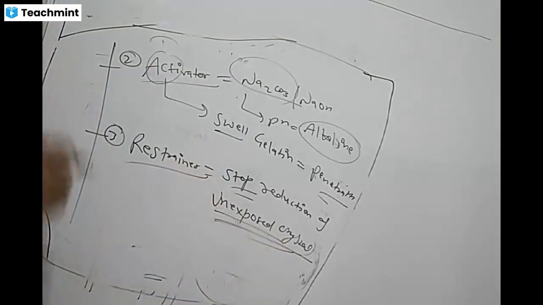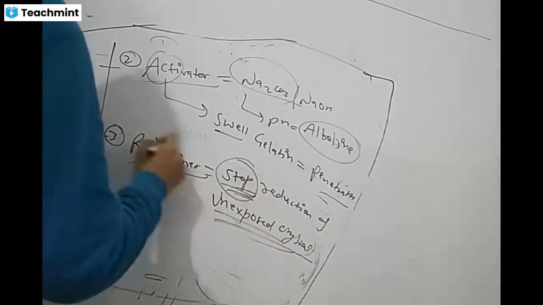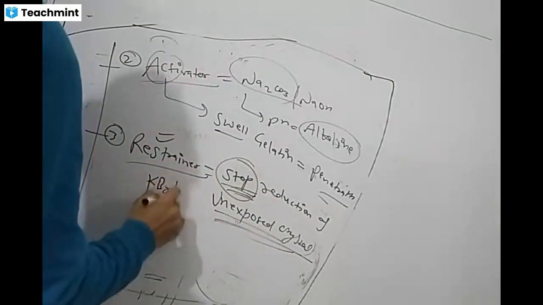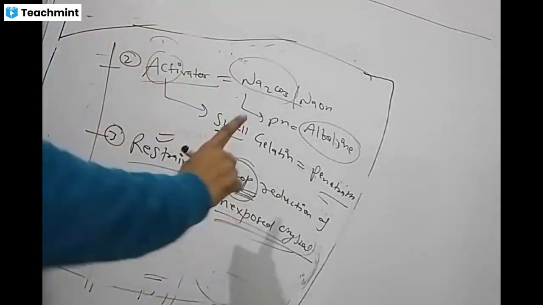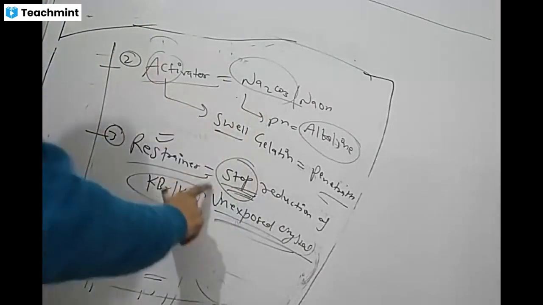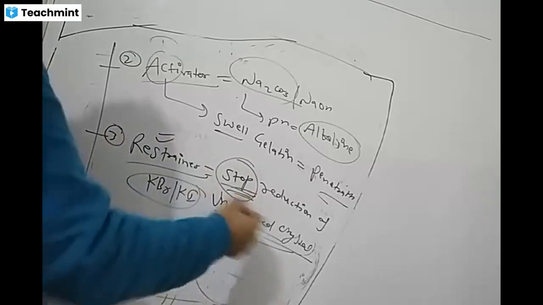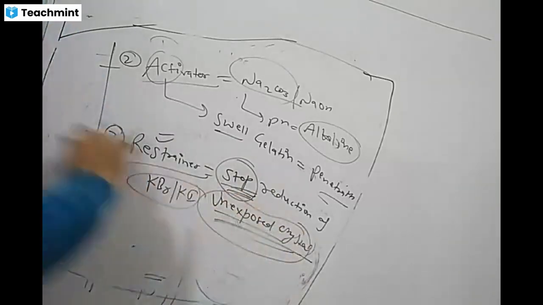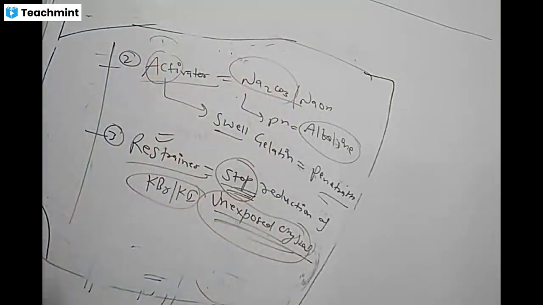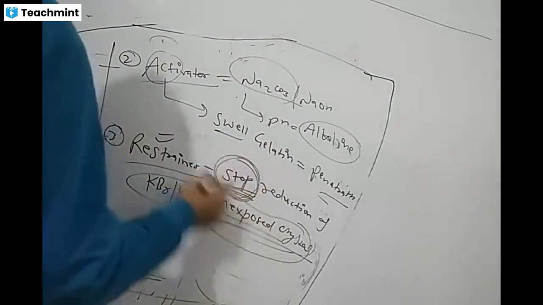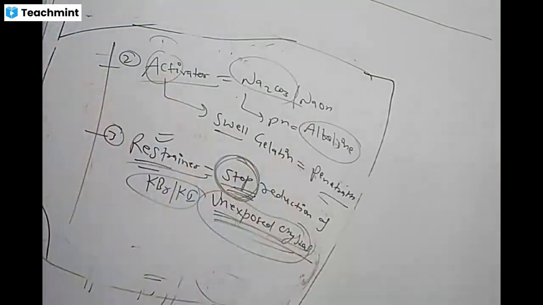So these unexposed will not get reduced. Who will stop their reduction? Restrainer, that is potassium bromide or potassium iodide. It will restrict the action of developing agents like hydroquinone and phenidone from reducing these unexposed crystals, because these were not exposed by the photons. So it will stop the reduction of unexposed crystals.